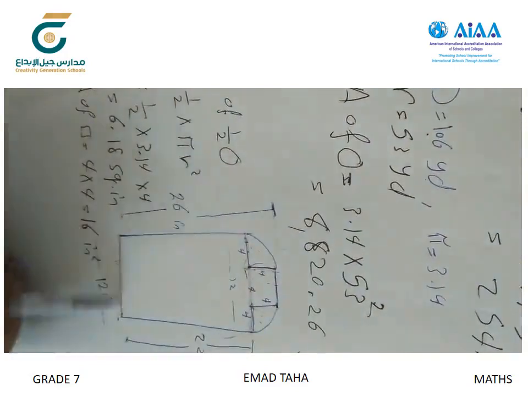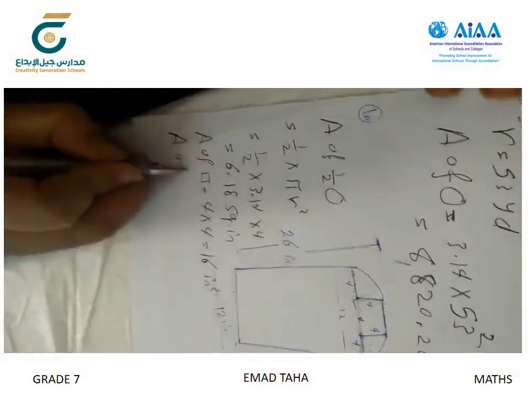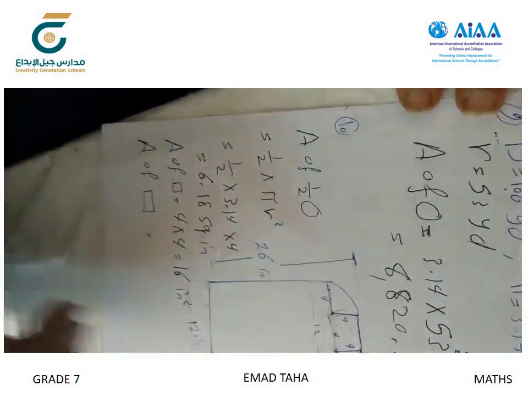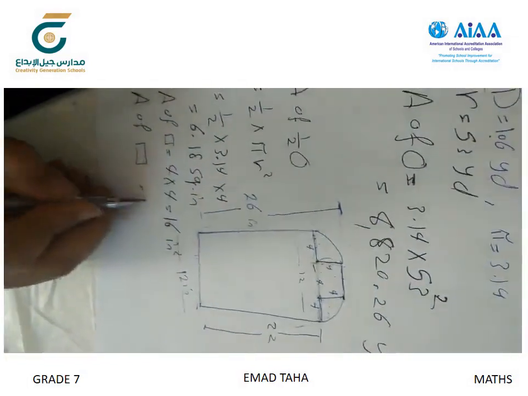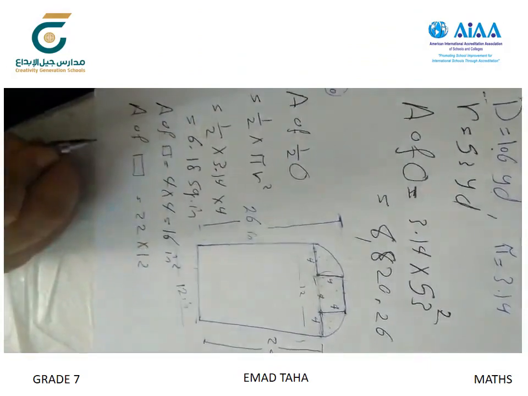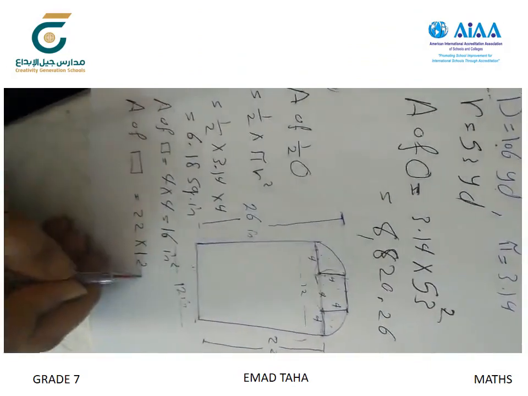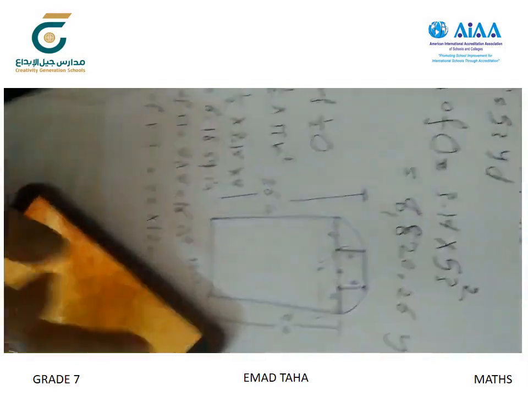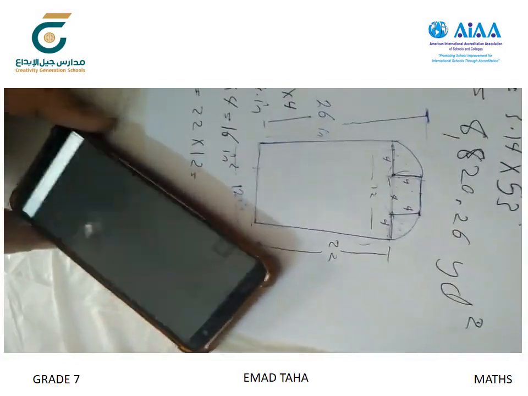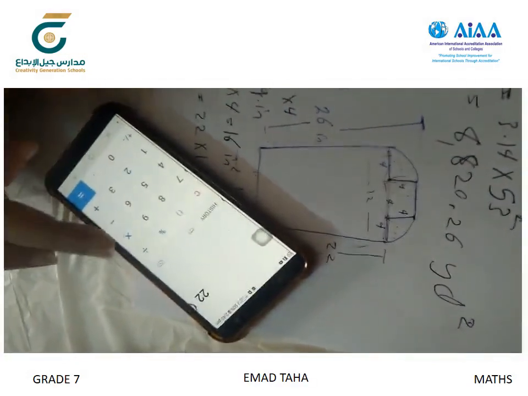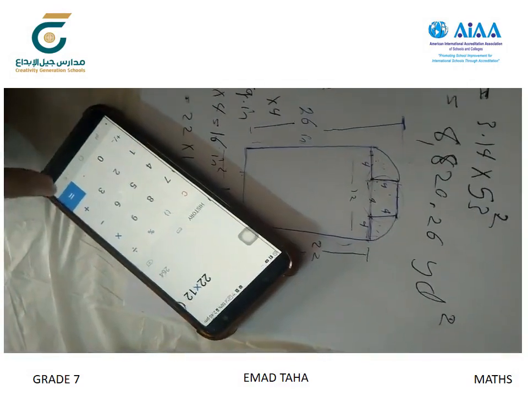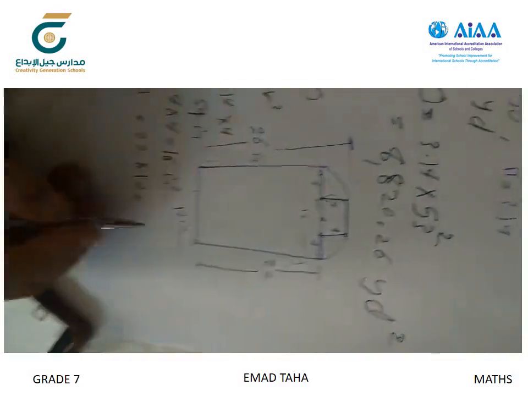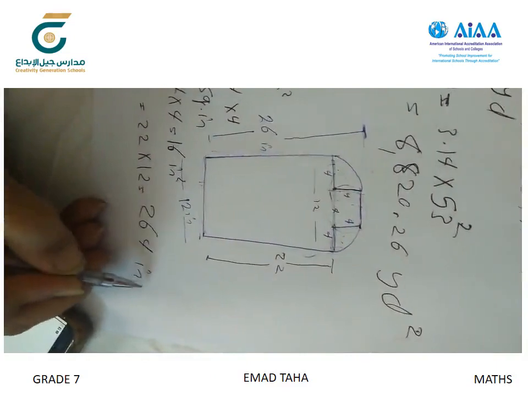And the last part is a rectangle, area of rectangle equals length by width equals 22 multiply 12. We can use the calculator. Remember, in this lesson only. Okay, 22 multiply 12 equals 264 square inch.